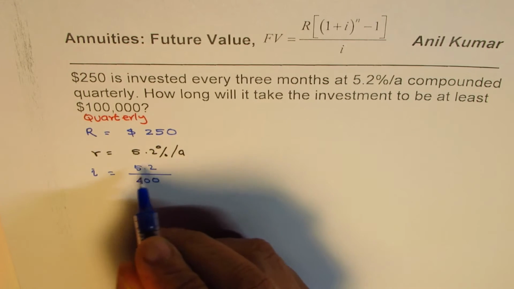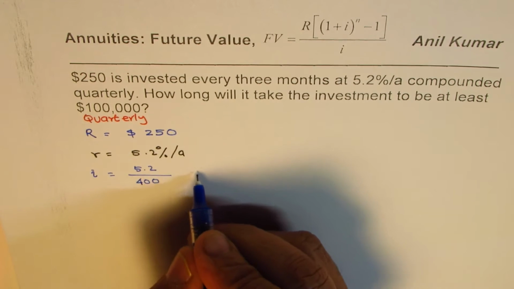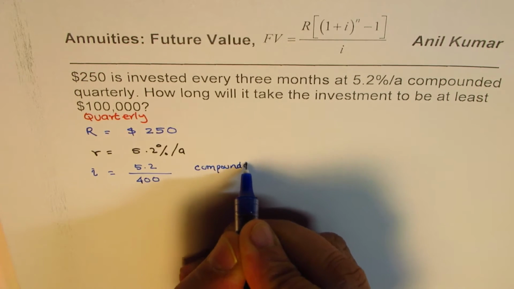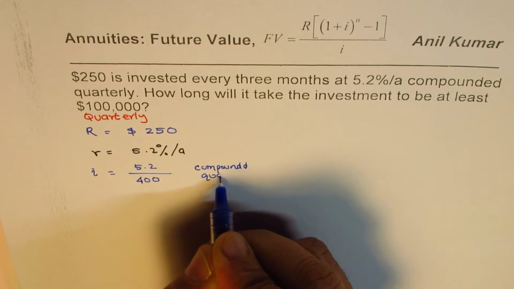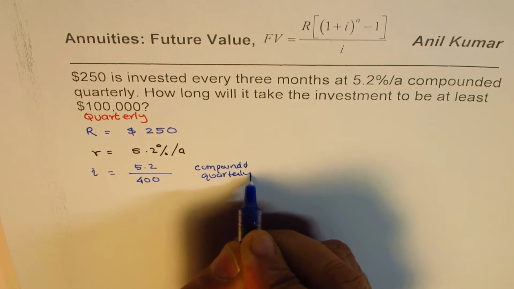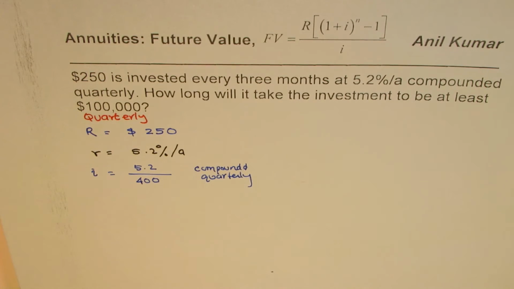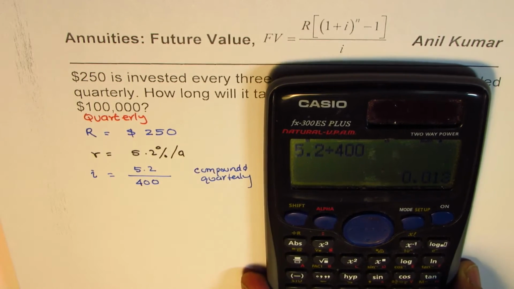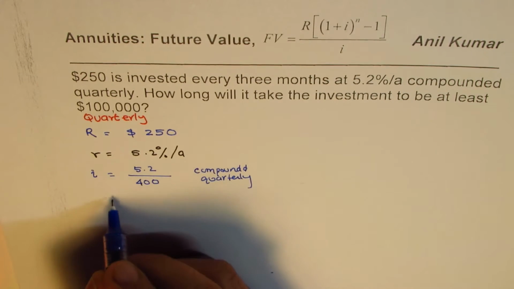To get the rate of interest compounded quarterly. So let's calculate this value. It is 5.2 divided by 400, which is 0.013.